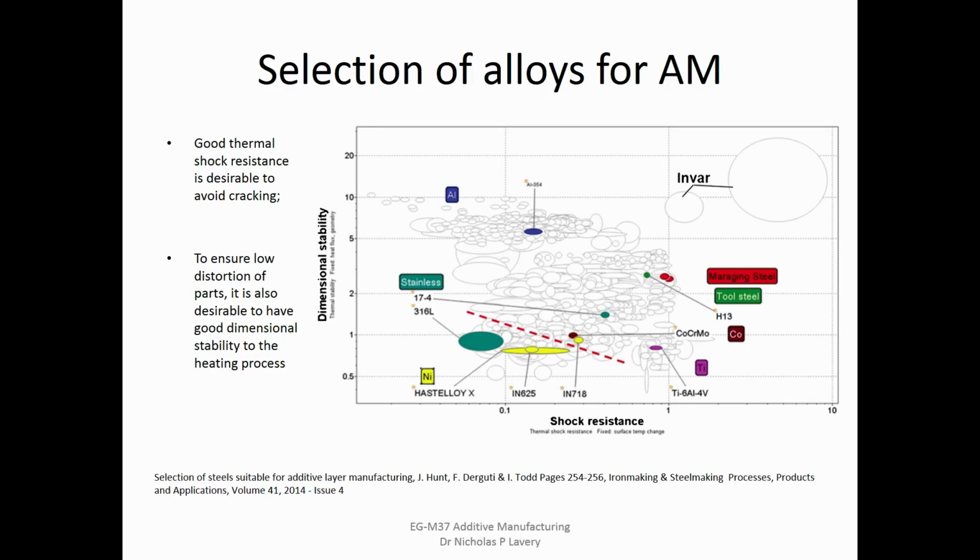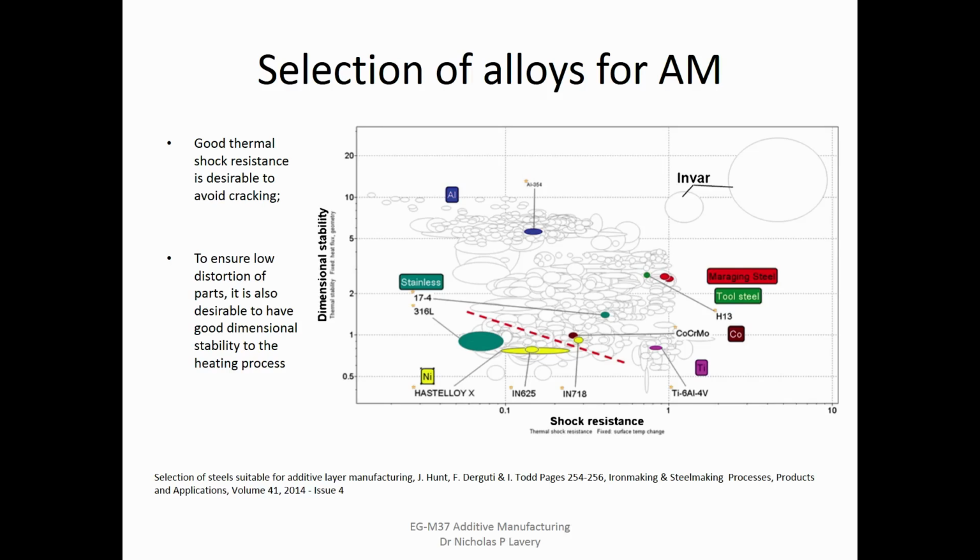This is something that came out relatively recently, and it's related to AM. So using an Ashby style diagram, they're trying to look at some of the more common alloys which are used in the powder bed systems, particularly. This is by a chap called Ian Todd from Sheffield. And so he came up with an index. So that's what these Ashby diagrams come up with. They come up with an index which allows you to determine your trade-off so you can select your materials.